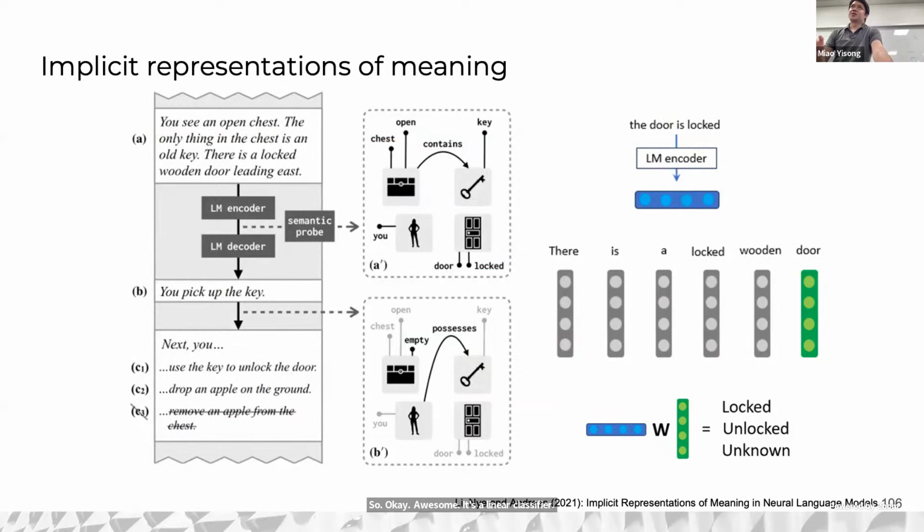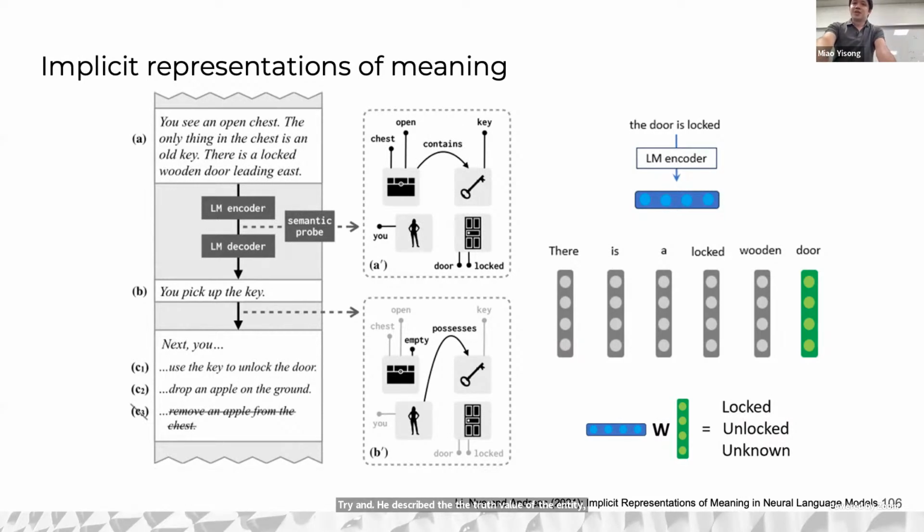With an encoder-decoder language model like BART or T5, you just use the encoder to encode the utterance. You encode the entity that you want to model. In this case, it's an entity, door. And in this sentence, you want to describe the truth value of the entity, which is that the door is locked.